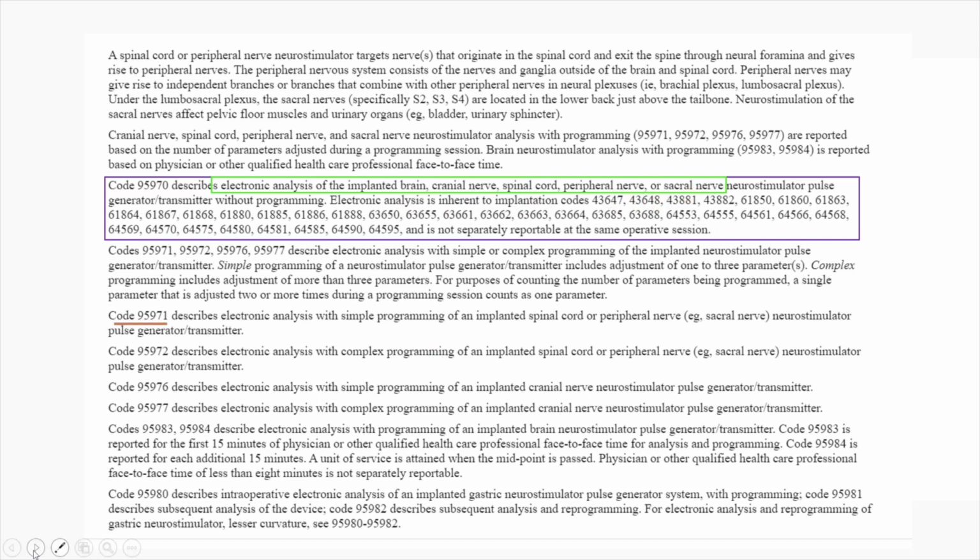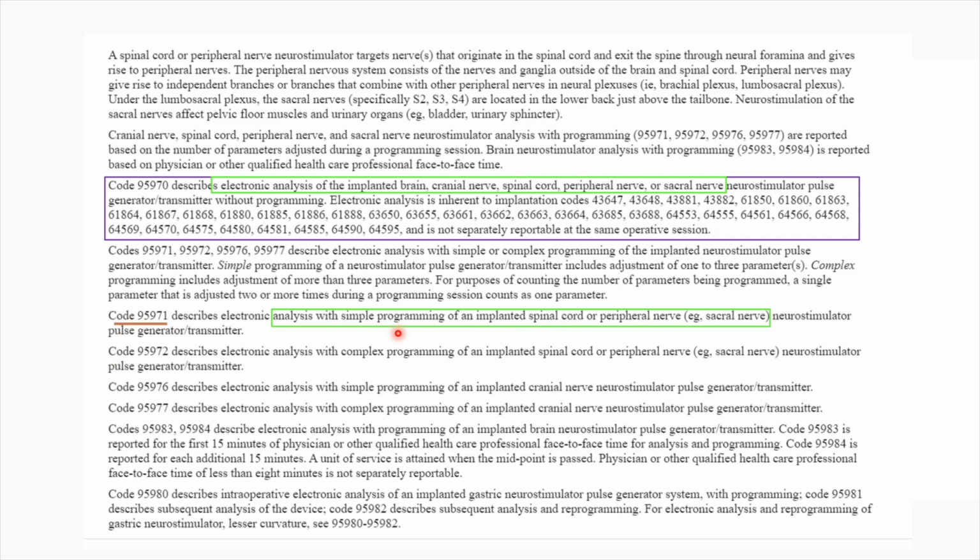And we have the next set of codes, 95971, which is for a neurostimulator, pulse generator, or transmitter located in the spinal cord or peripheral nerve. But this code also involves simple programming.